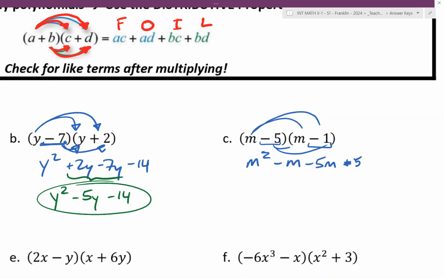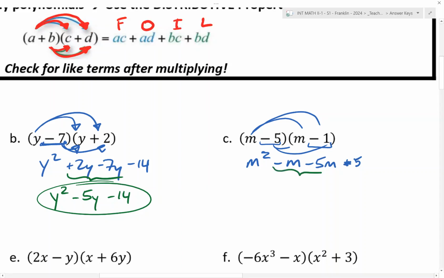Now you don't have to draw those kind of rainbow lines, but it does help you remember what you've already multiplied and what you haven't. So m squared minus 6m plus 5.